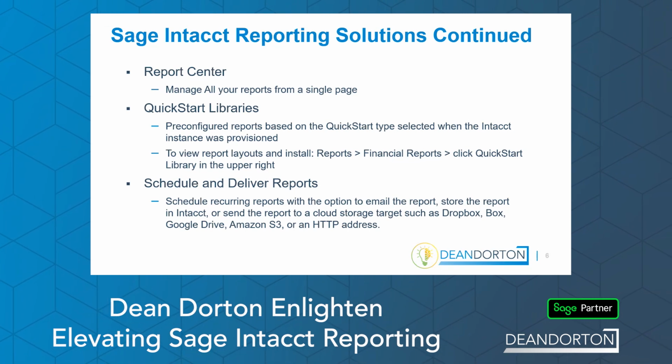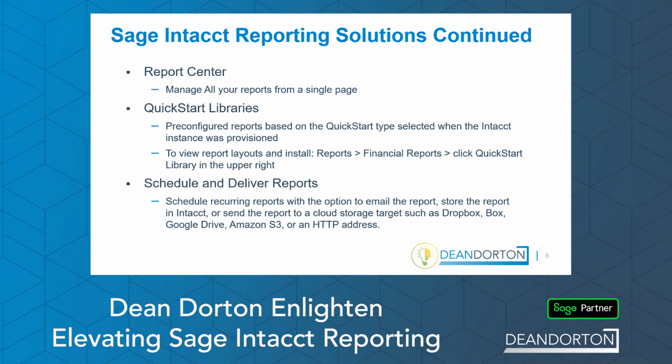Want to mention a quick snippet on the Quick Start libraries. These are pre-configured reports based on a Quick Start category or a Quick Start type that's selected at the time your instance is provisioned. Usually driven off of a service industry or industry specific.